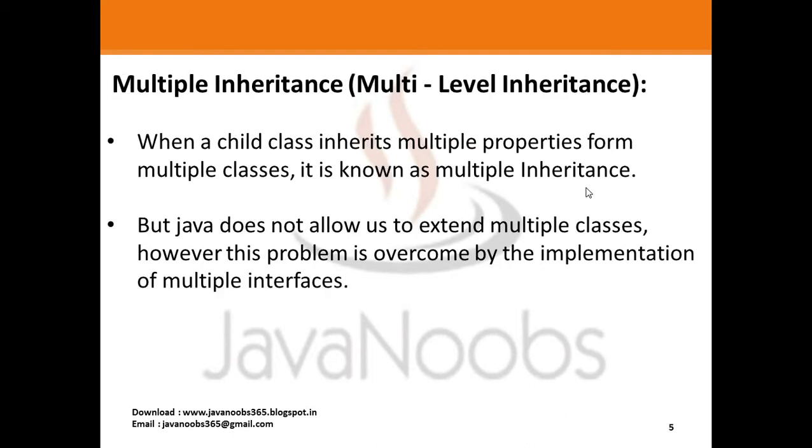The second type of inheritance is called multiple inheritance or multi-level inheritance. When a child class inherits multiple properties from multiple classes, it is known as multiple inheritance. But unfortunately Java does not allow us to extend multiple classes.